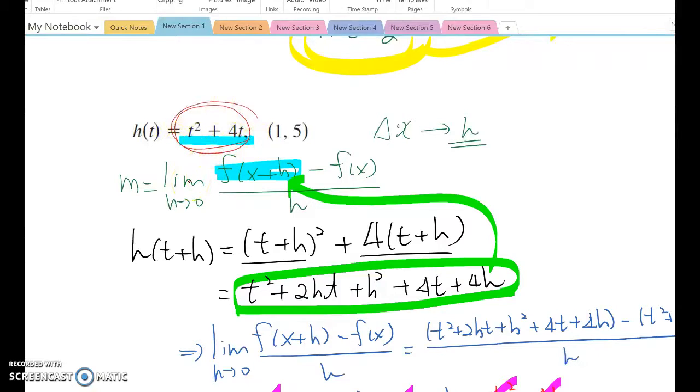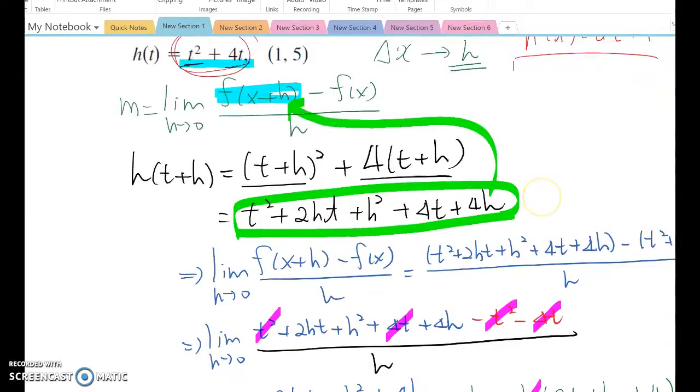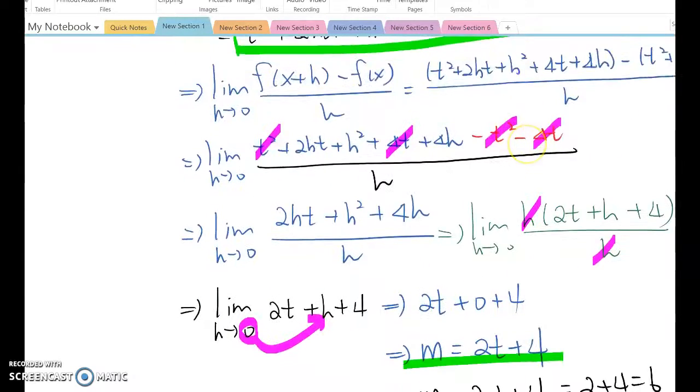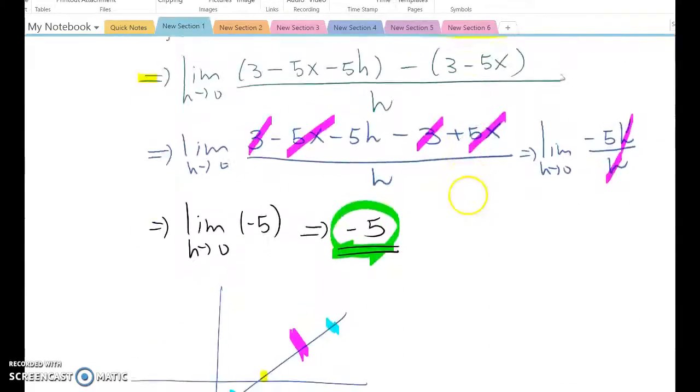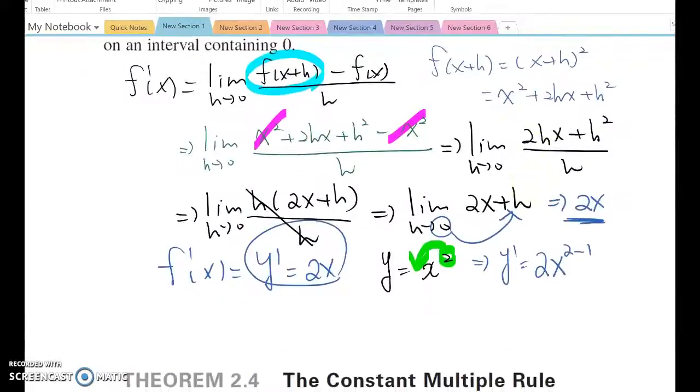Now let's use the property found here. So h prime t will be 2t, because I do this one separately, plus this one: 4 times t, the derivative of t is 4, so it becomes 2t plus 4. If we go down here, we got 2t plus 4. So that's the sum and difference rule.